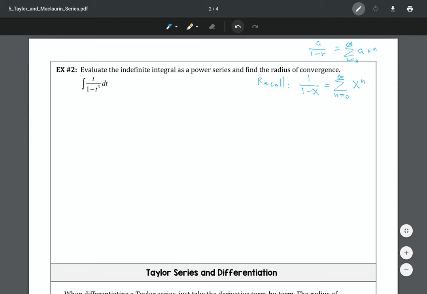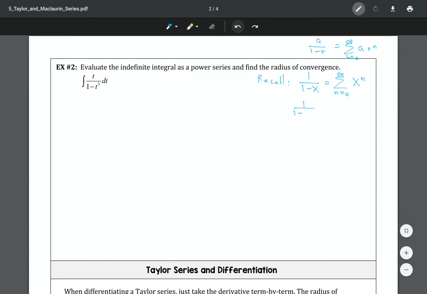Now what I do know is if I rewrite this like this, and I'm talking about this problem, where this right here that I just put in parentheses is the rate, or in this case the x right here.